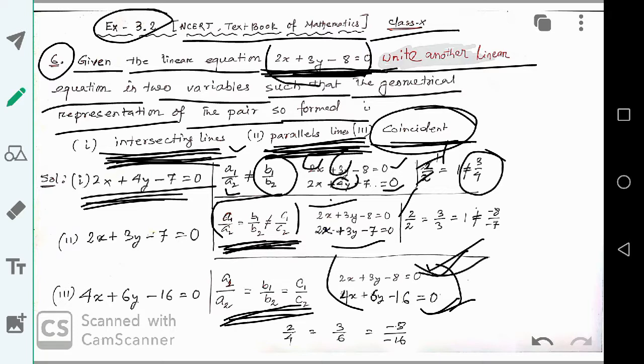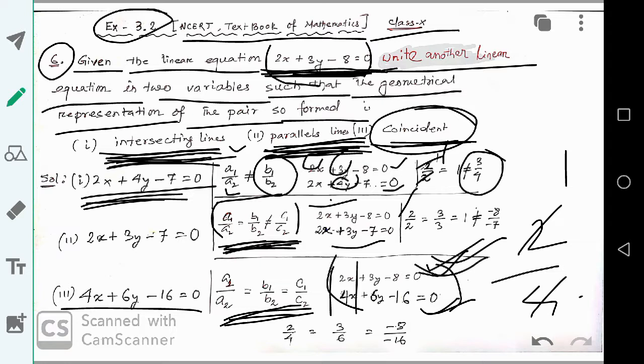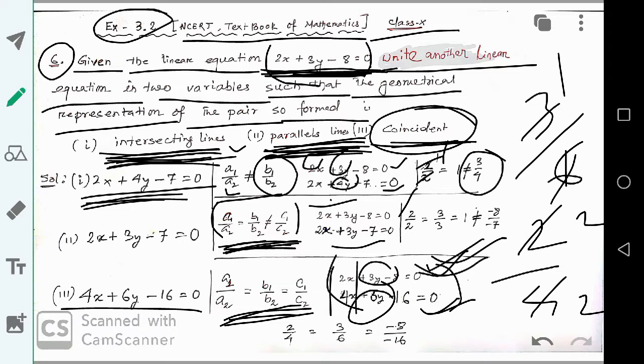This is the equation I have taken and this is the given equation. The coefficients of x give 2 by 4, which cancels to 1 by 2. Then we have 3 by 6, which is also equal to half.